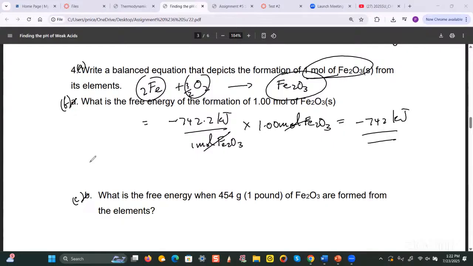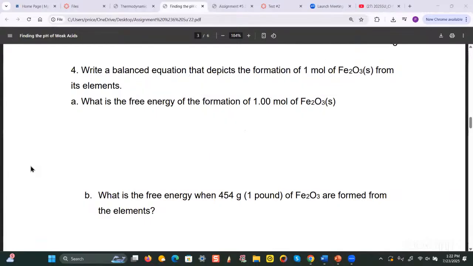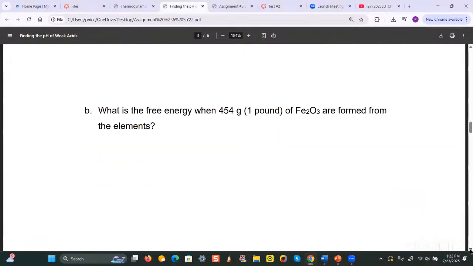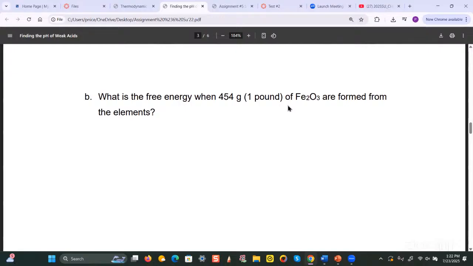Okay, let me clear this and move down to the C part. What is the free energy when 454 grams of Fe2O3 are formed from the elements? Again, you're going to use the same value of the free energy of formation of 1 mole that we used above. But we're going to start off with 454 grams of Fe2O3, and then we have to convert that to moles.